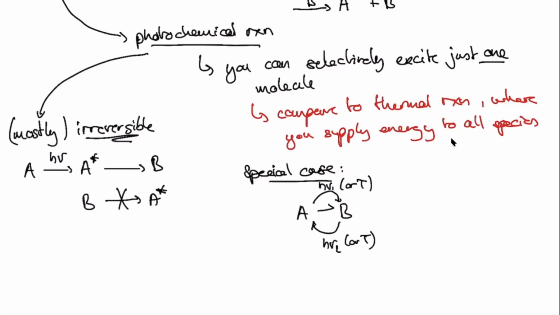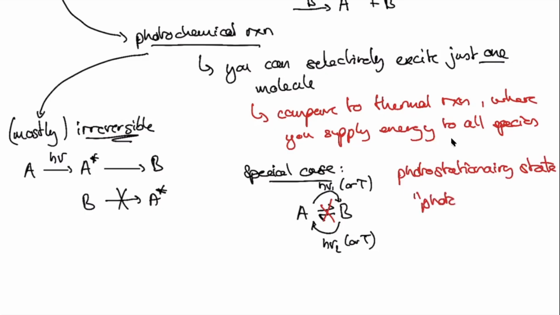But this is not an equilibrium. These are two photochemical processes that go through different excited states. So often the spectroscopic properties of A and B are different, so the absorption spectrum and the emission spectrum will be different. And so this is called a photostationary state.